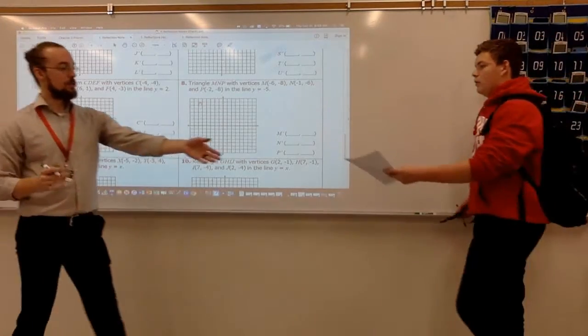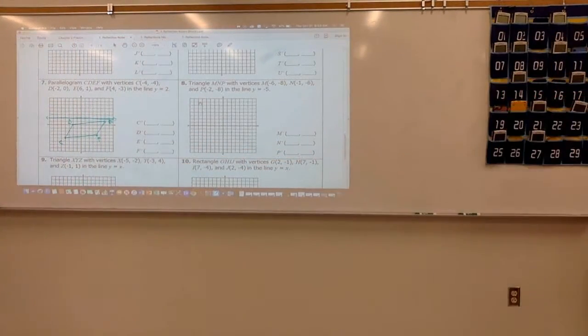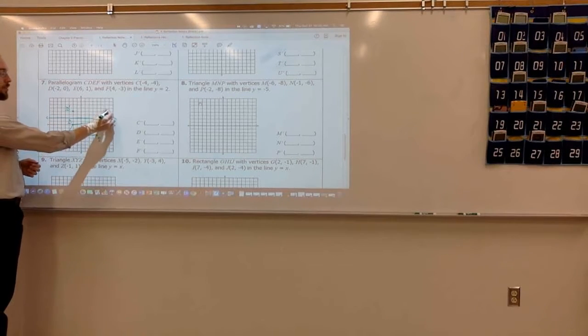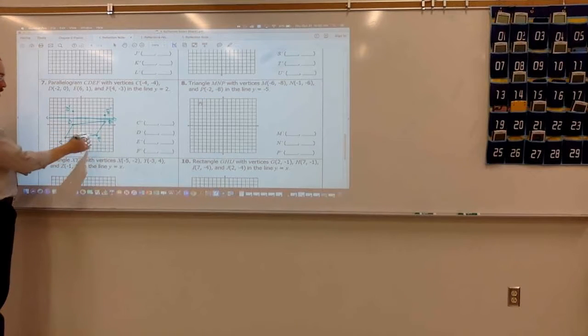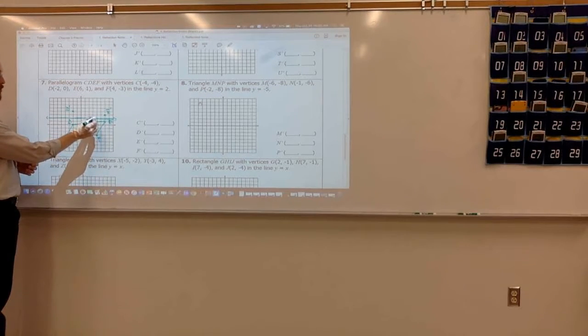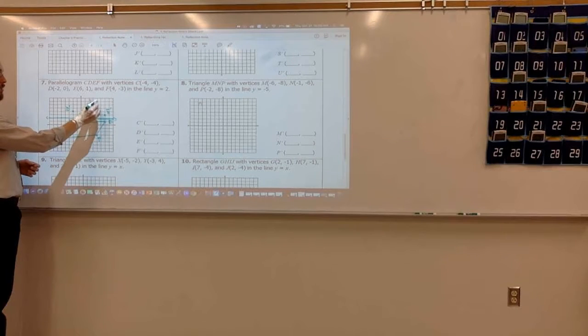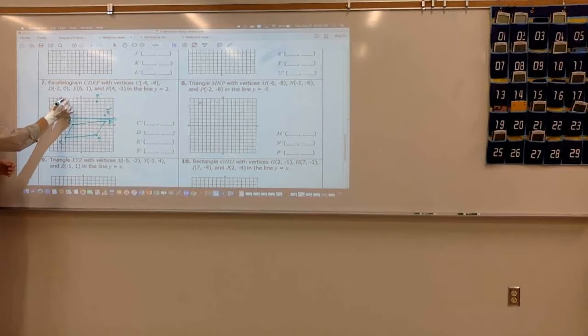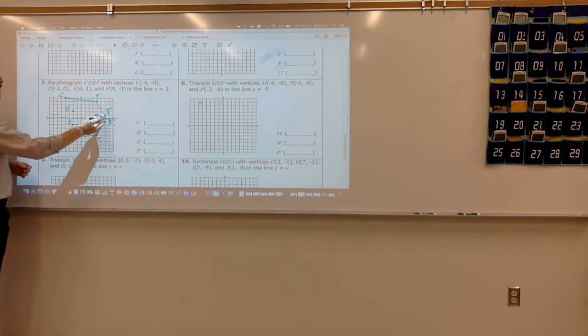If we start with D, that's 1, 2 away, so I'm going to go another 1, 2 to get to D prime. E is just 1 away, so I'll go another 1 up there. F is 1, 2, 3, 4, 5, so 1, 2, 3, 4, 5 to get to F prime. And then C, 1, 2, 3, 4, 5, 6, so 1, 2, 3, 4, 5, 6 gets me to C prime. So here is where this reflection would end up.